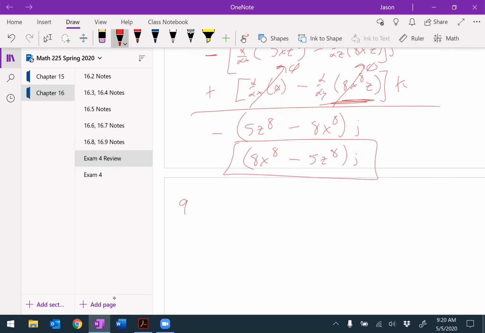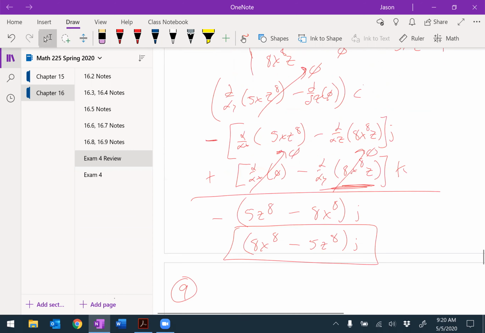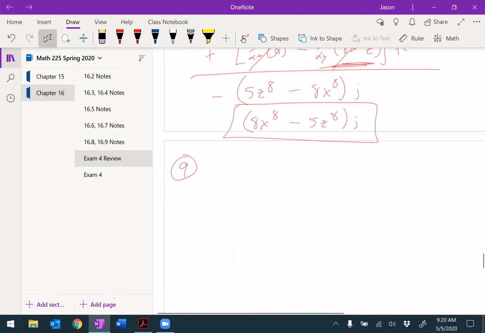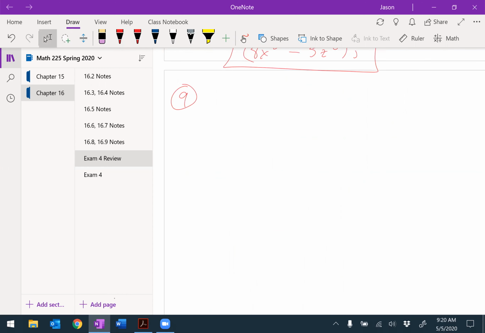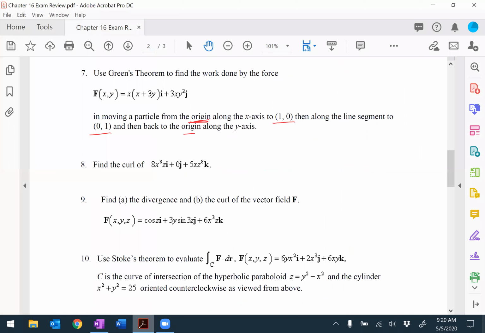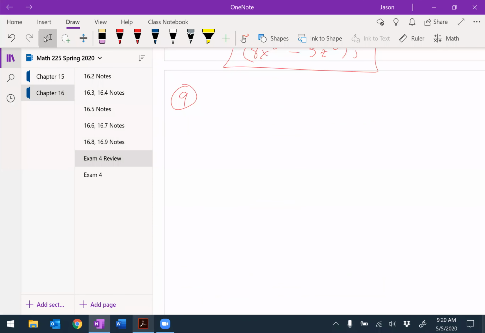Okay, number 9. Let's see, what does number 9 say? Find the divergence and the curl of the vector field f. So here we want to find the divergence and the curl of this vector field. Let's write down the vector field first.